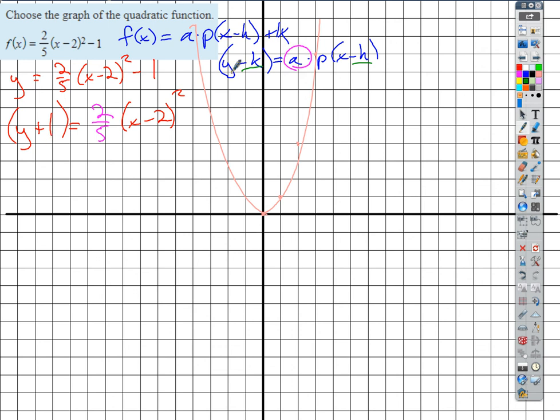Because look, we have y minus k, not y plus k, right? We're always going to subtract the amount from the variable corresponding to how far it's going to slide, right? So if we subtract a -1, it means we're sliding it in the negative direction. Well, vertically, what's the negative direction? Down, right? Everybody get that?